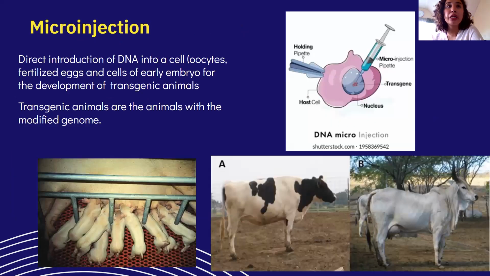We have also microinjection. So yung mga ini-inject nila usually are oocytes, yung mga egg cells, fertilized cells, or early embryos to create your transgenic animals or your genetically modified animals. Actually, ginagamit na nila ito sa mga gene therapy. Yan.